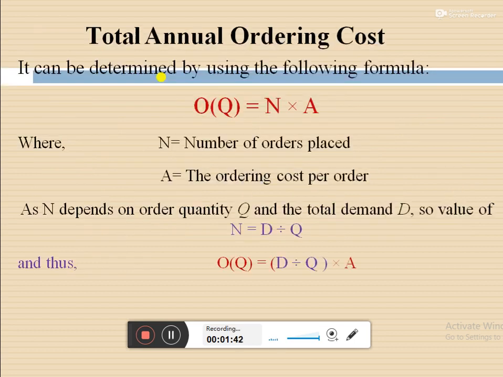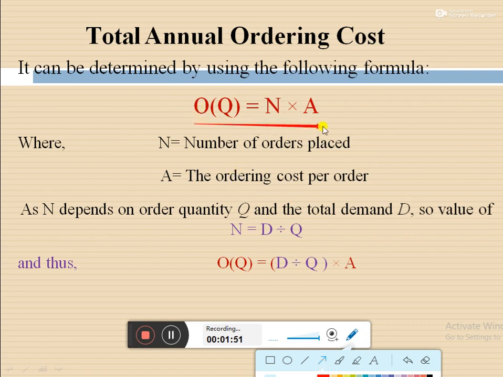The total annual ordering cost can be determined by using the formula, that is N into A, where N represents the number of orders placed and A represents the ordering cost per order.